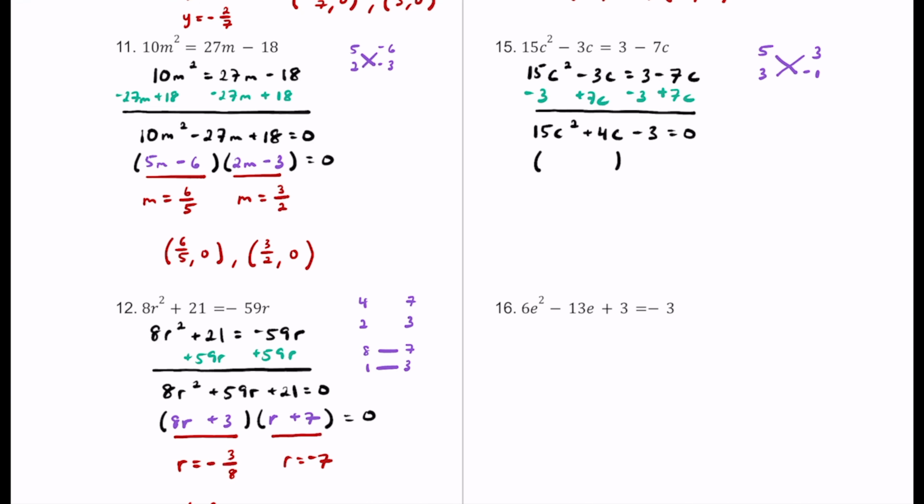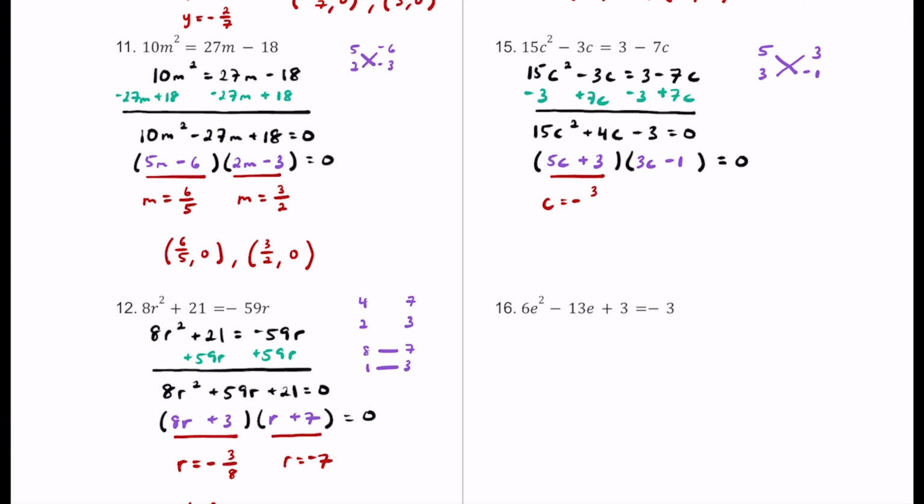So we can go ahead and write our binomials now. So in the first one, let's put a 5c and let's put a 3c. That makes our 15c squared. The 5c will pair with a negative 1 and the 3c will pair with a positive 3. Let's see here, for this one, we have a positive 3, so we need a negative, so c is equal to negative.